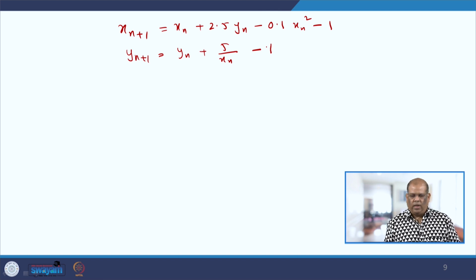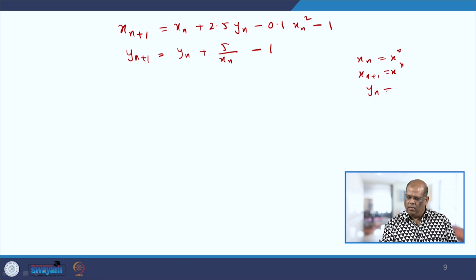Now, to get the equilibrium solution, as we have told, you have to replace x n and x n plus 1 by x star, y n and y n plus 1 by y star.